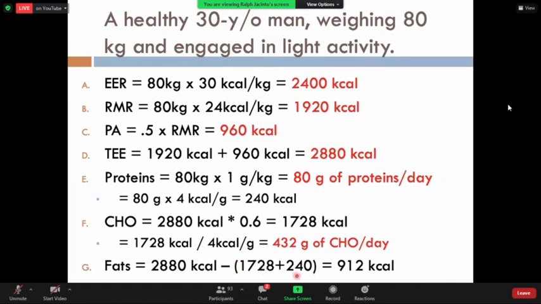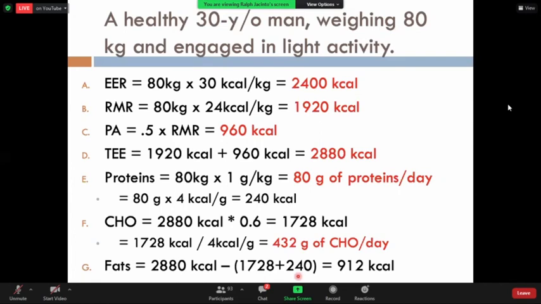I think this is an error because this should be 320. So 320 plus 1,728, subtract that from 2,880. So it should be 832 kilocalories.